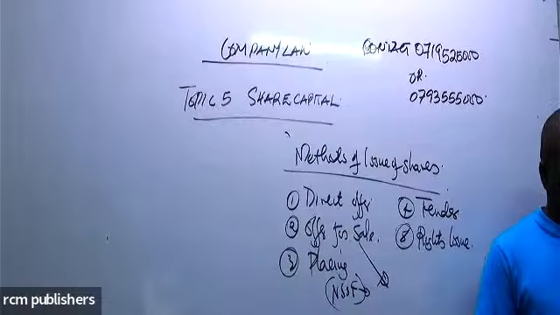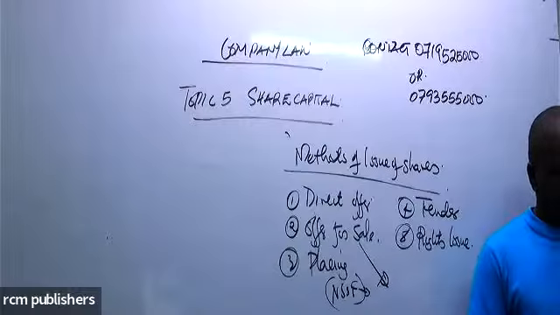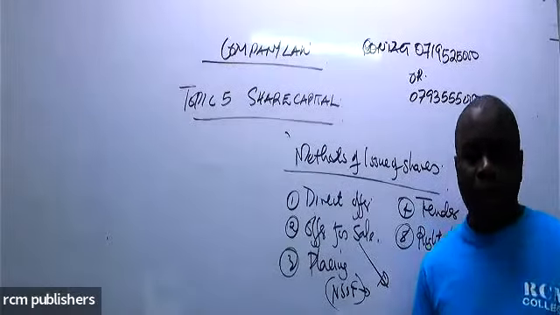This minimizes flotation expenses, and the assistance of issuing houses is dispensed with. For shareholders who do not exercise their rights, we will have their rights sold to the open market.